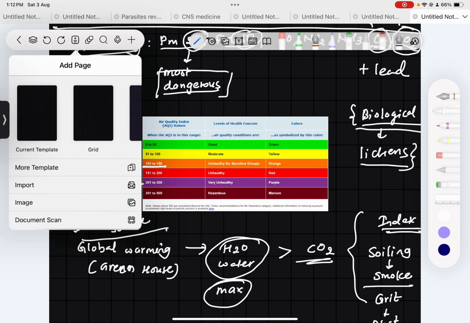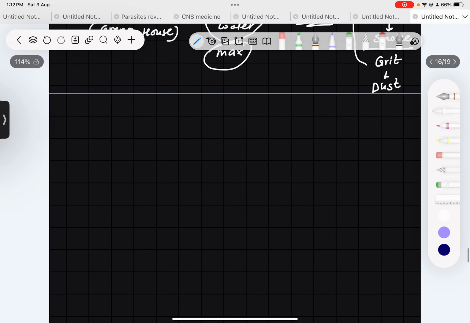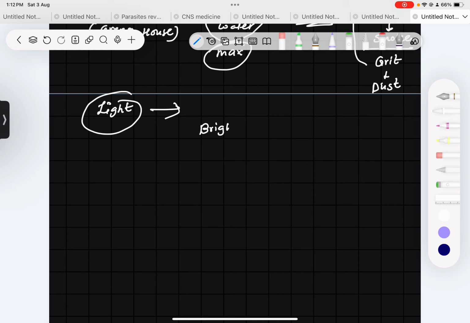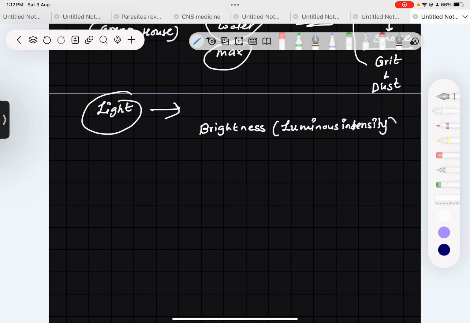Now we are going to discuss light. In light we have to remember some units. First, brightness. Brightness of a source, also known as luminous intensity, is measured in candela.